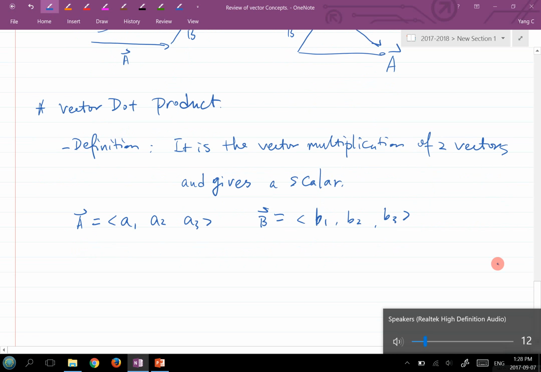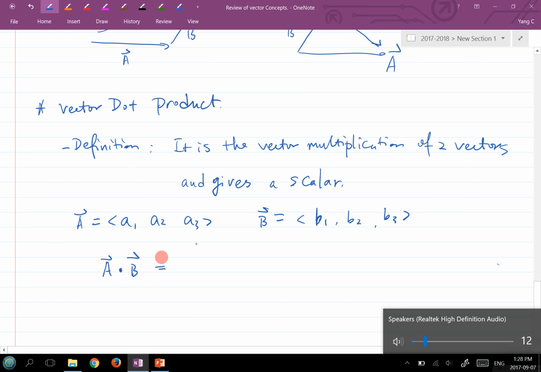Here's how you would write a vector dot product: A dot B. Between the vectors A and B, you use a clear solid dot, indicating this is a dot product, not just a regular multiplication of two scalars.